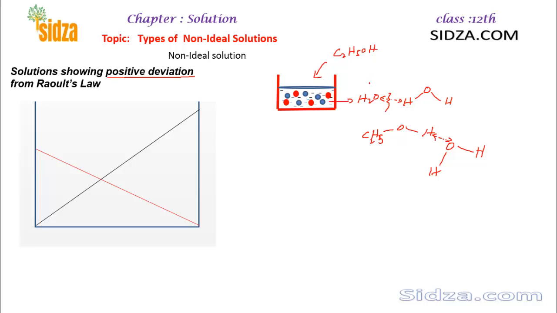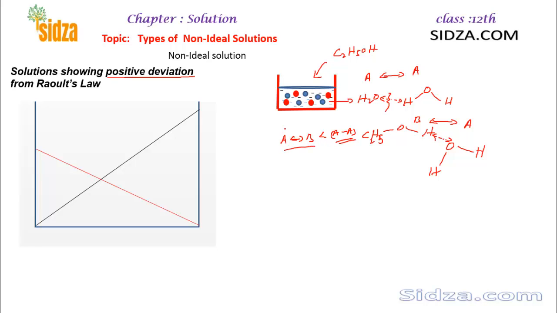Suppose water is solvent A, so this is the A interaction, and this is the AB interaction, where the solute is B. Once you add ethanol to the water, the force of attraction between solute and solvent is weaker than in the solvent molecules. So in this example, the AB interaction is weaker than the A interaction.